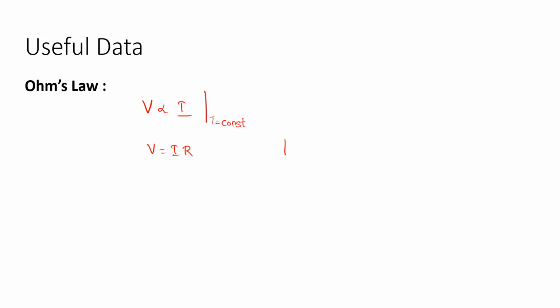Therefore, if we have a component across this pair of nodes, the voltage across this resistor is equal to the current that is flowing through it times the value of this resistance. This is Ohm's law. Let's make use of this law in order to solve this problem.